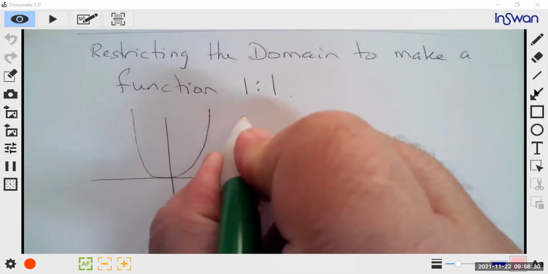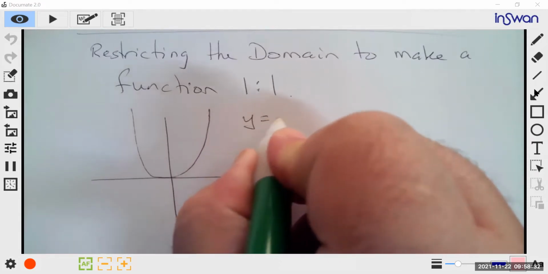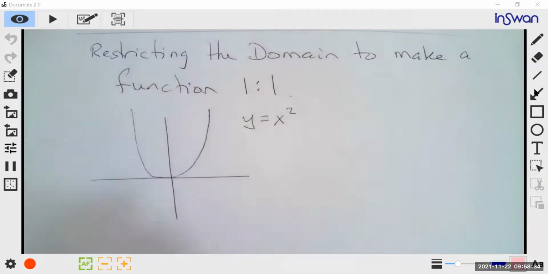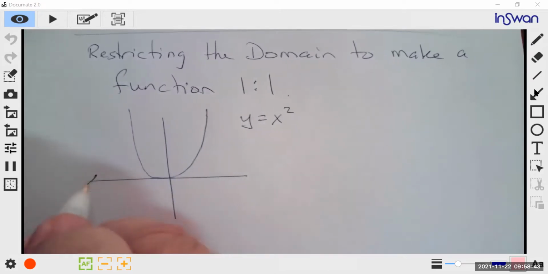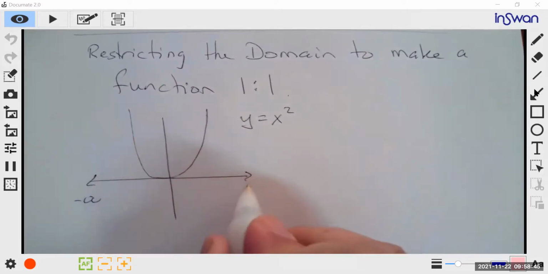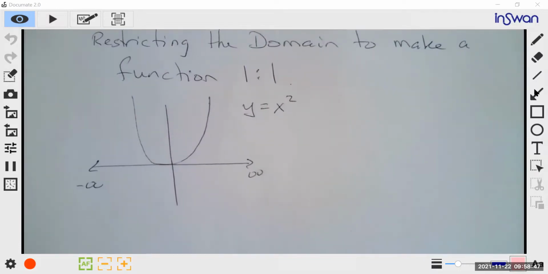Okay, here's our equation, y equals x squared. It fails the one-to-one test because of the horizontal line, right? That's because we took the domain as all real numbers.